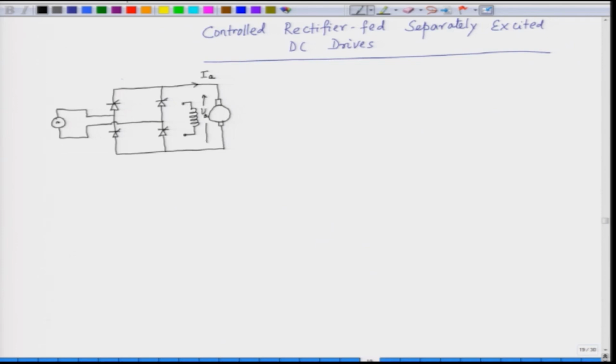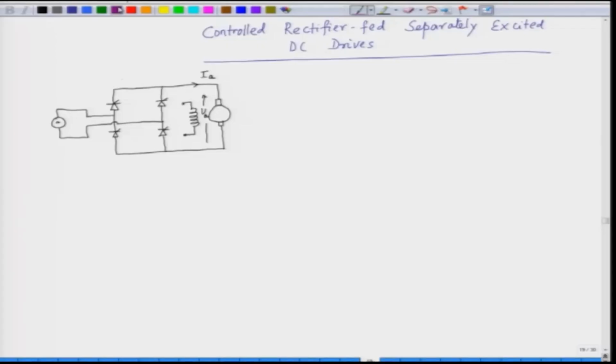Now, in this case the current can only flow in one direction, because this is a controlled rectifier, SCRs can only deliver current in one direction. It means the current here can only come from the SCR like this, there cannot be any reverse current flow.